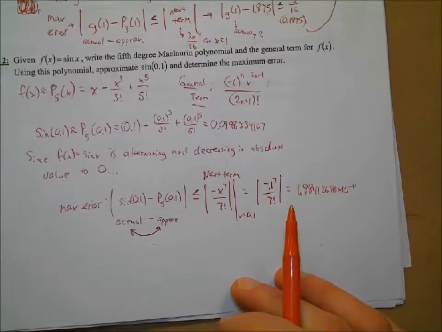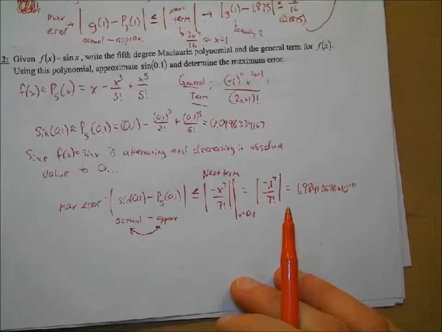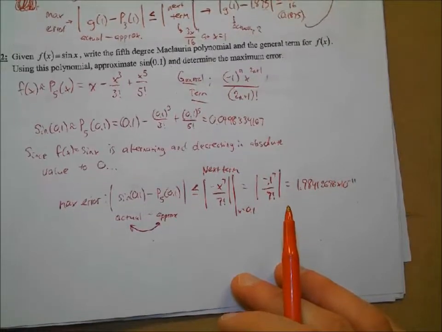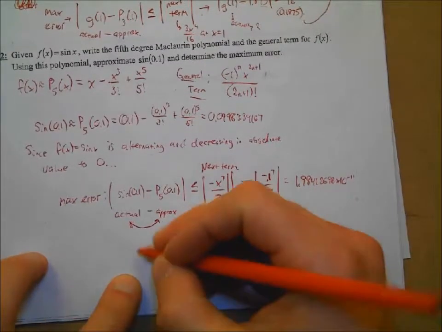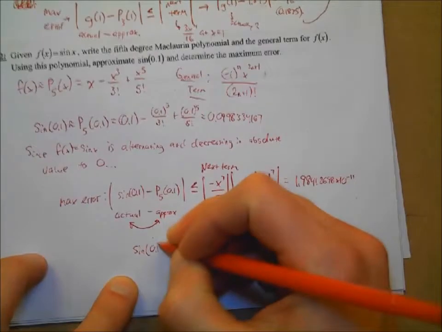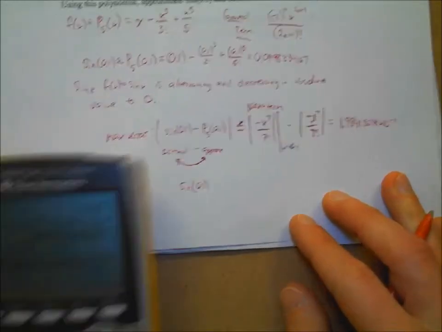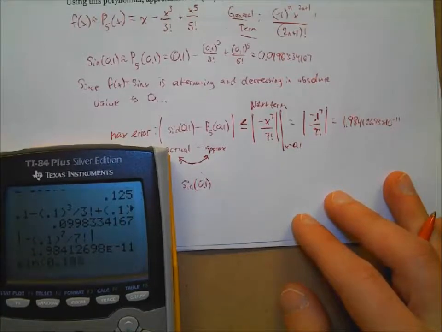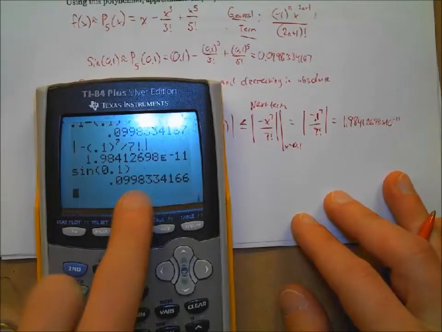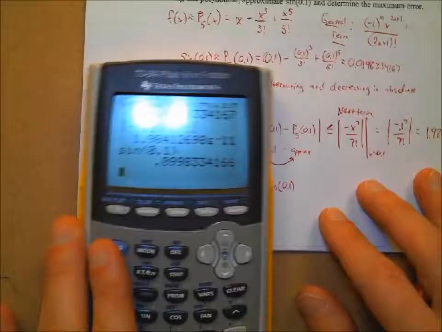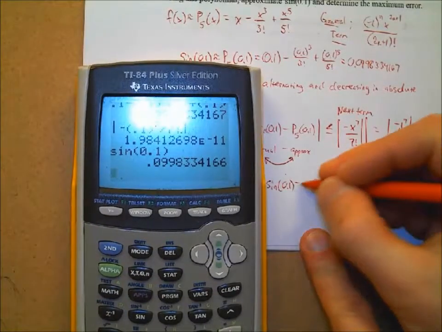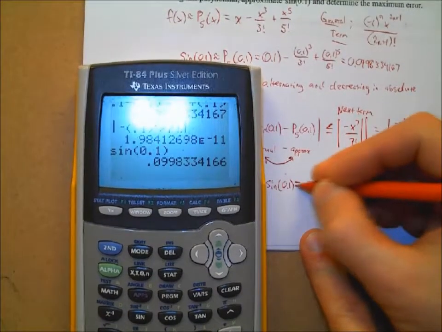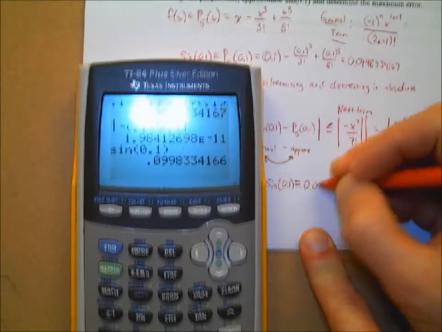By the way, what is sine of 0.1? If you actually go on your calculator and type in the actual value, sine of 0.1, you get 0.0998.